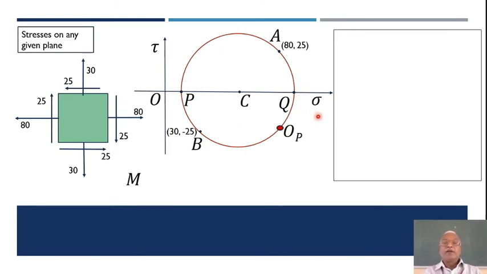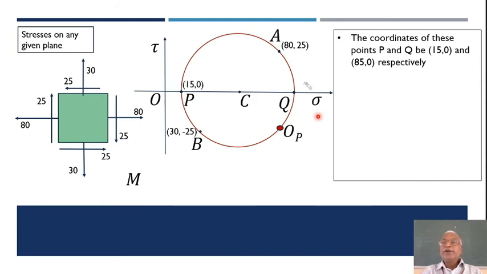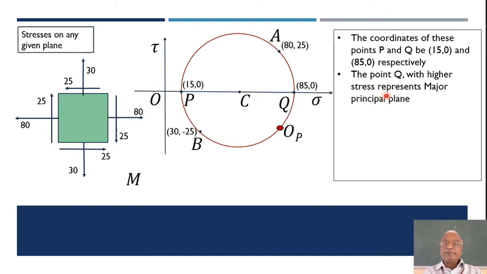Now the coordinates of these points P and Q be (15, 0) and (85, 0). I have been telling you, these are not exact values, I have just taken them for the sake of understanding. Now the point Q, with higher stress, represents the major principal plane, because P has got 15 and Q has got 85.